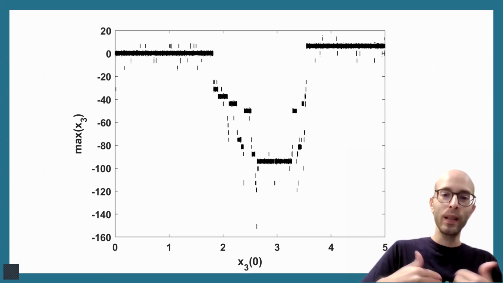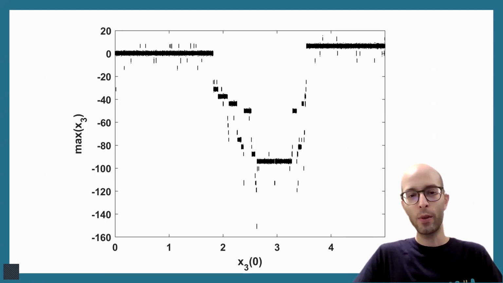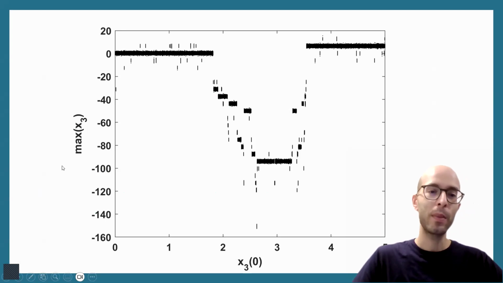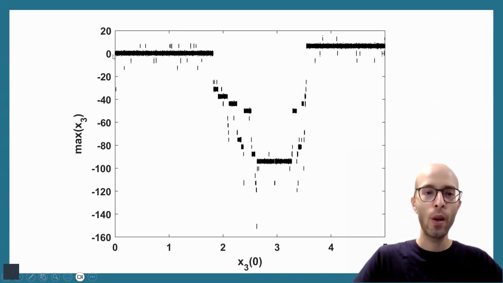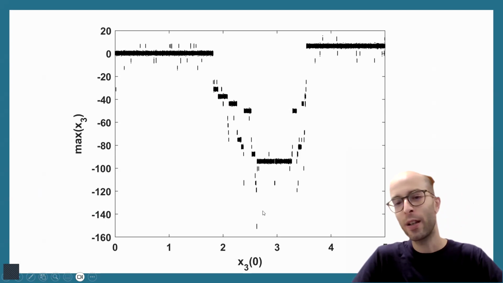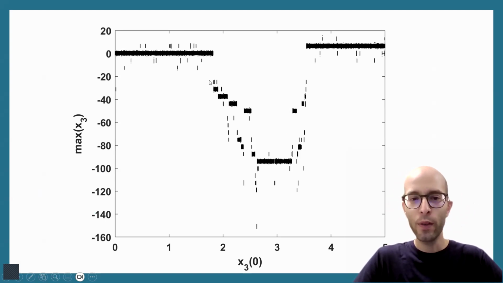And we observe that each time we simulate the system, the local maxima for the solution in the third state move around. So you see, for most initial conditions, the local maxima are around 0, but for some initial conditions, they move around. For example, here they move to minus 40, minus 45, minus 50, minus 60, up to minus 100, and minus 120.